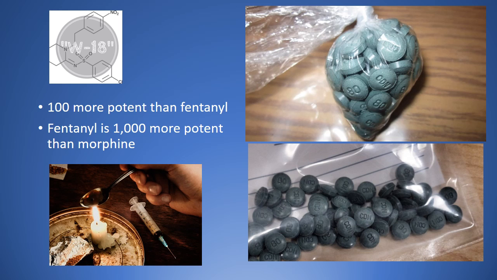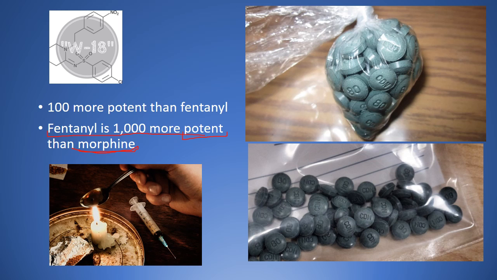So we typically think of the opioid receptors in terms of morphine. If morphine binds that receptor, then we have a standard to think about how strongly something else binds to it. Fentanyl is 1,000 times more potent, which means it might bind more strongly.